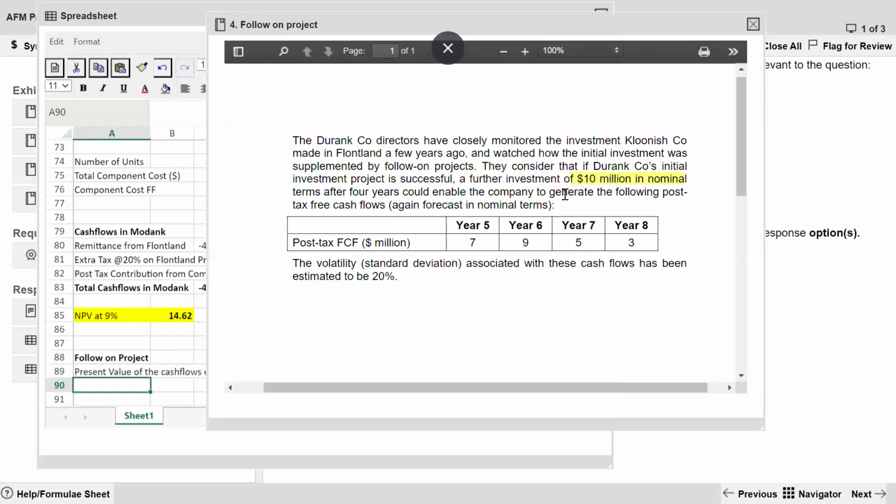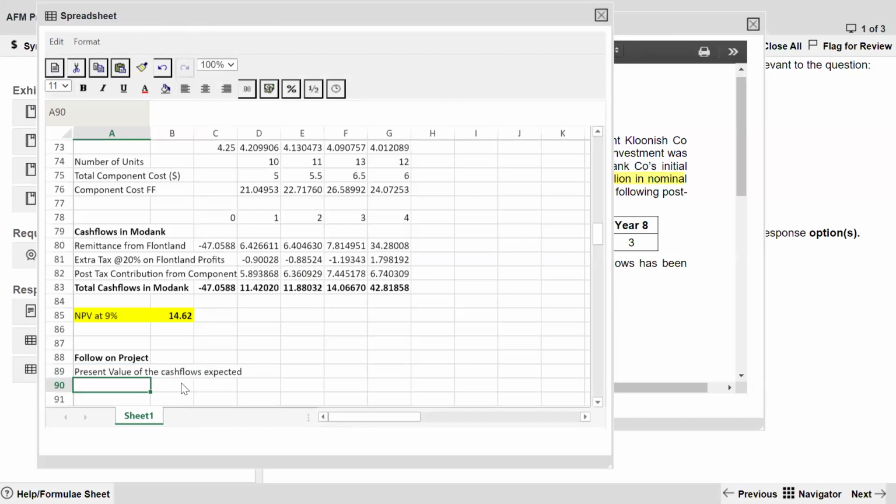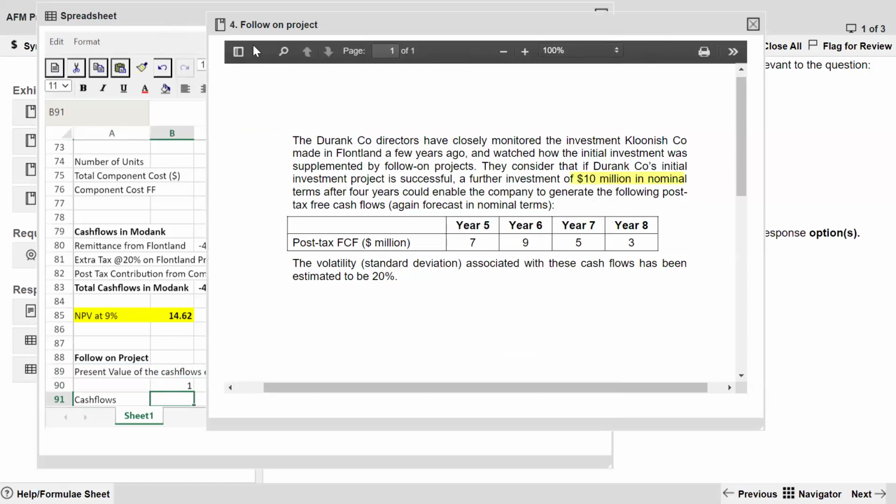So that's going to be 5678. Obviously, you'd be standing at year 4. Cash flows are going to be 7953.